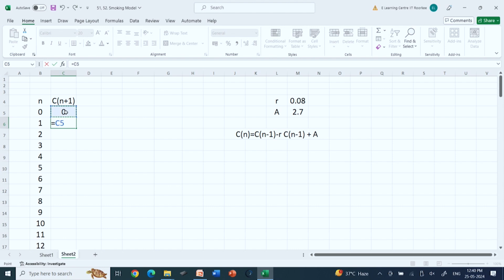Then this is equal to Cn minus 1, which is this, minus R, which is a constant, multiplied by Cn minus 1, which is this, plus the constant value of A, which is 2.7, and I make this a constant by putting dollars and pressing enter.